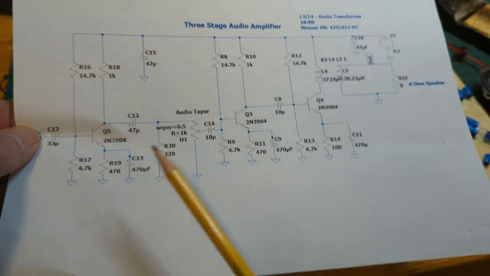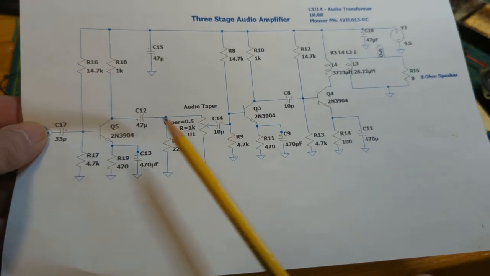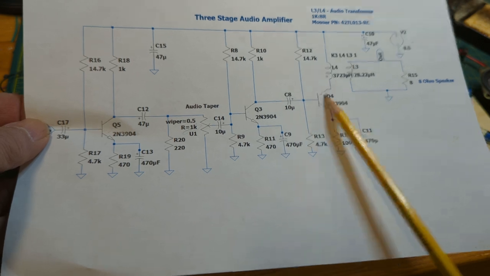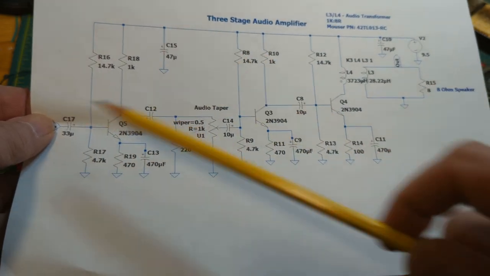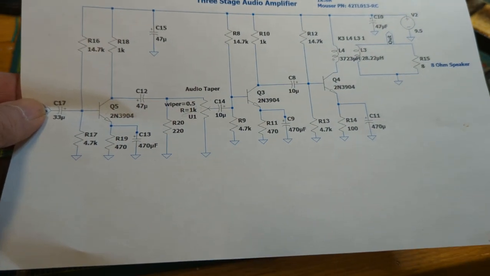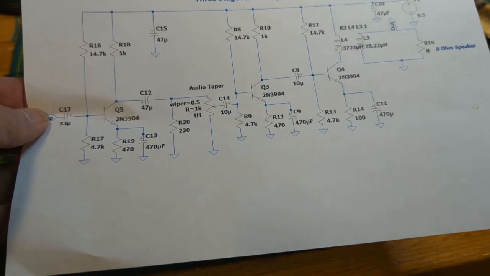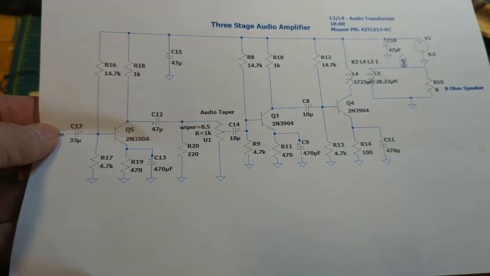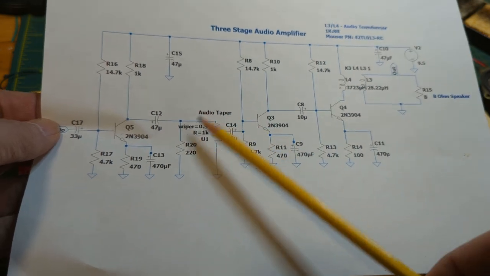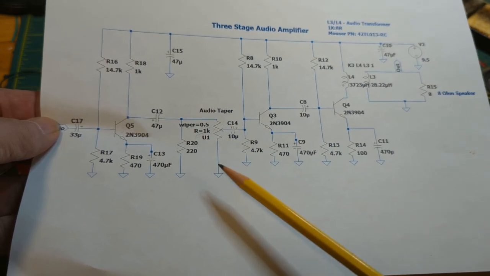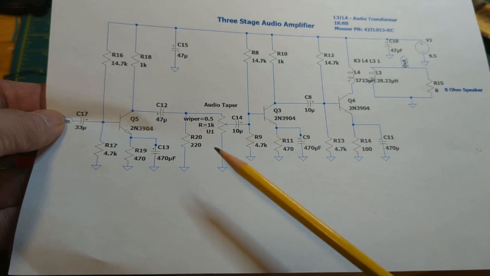So the audio amplifier, as we've just seen, consists of 3 amplification stages. Each is a 2N3904 transistor and all the various resistors to set the voltages around them, capacitors to interconnect the stages, and an audio taper potentiometer as the volume control.